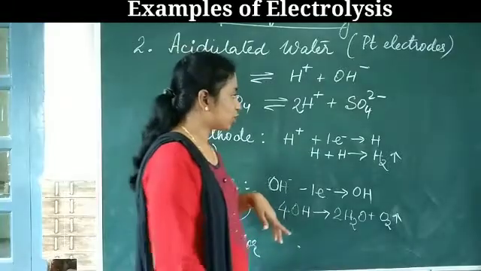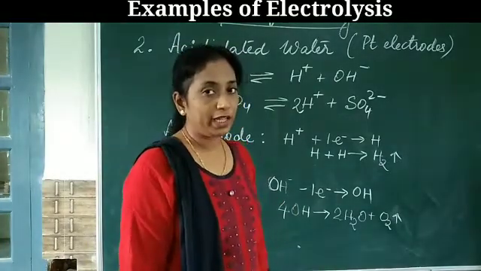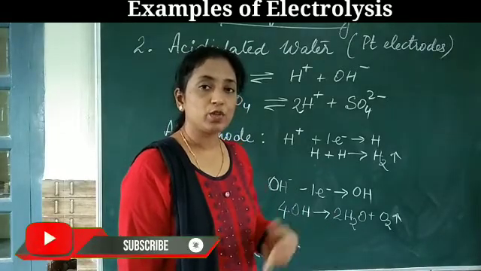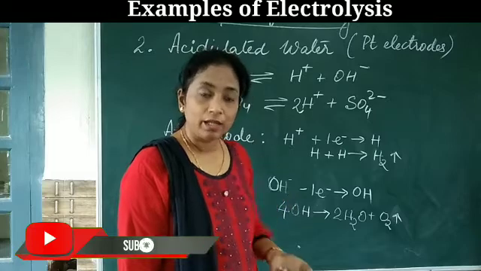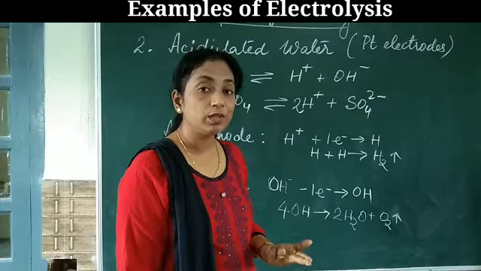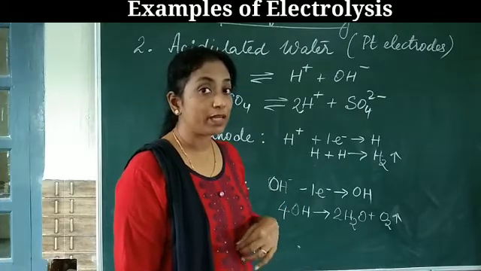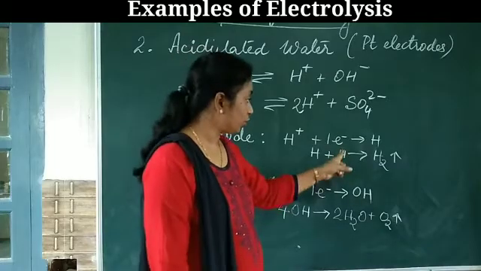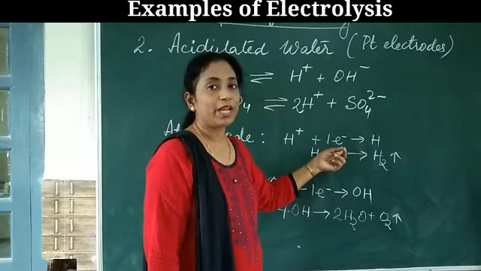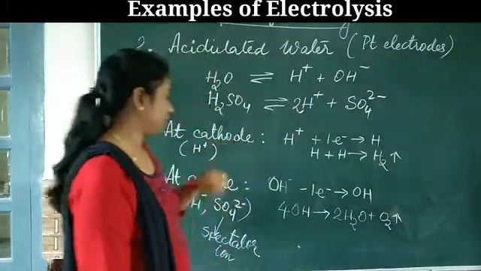This is to be noted, and that is why we say that during the decomposition of water, the ratio of hydrogen to oxygen by volume is 2:1, because at this time 2 molecules of hydrogen are produced.